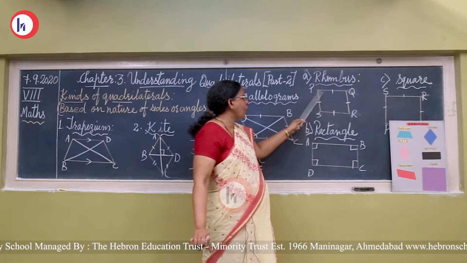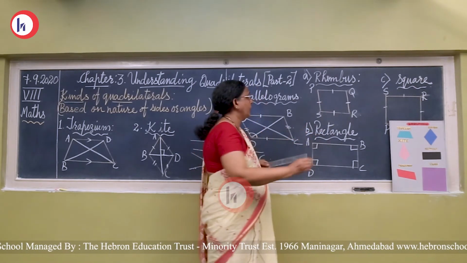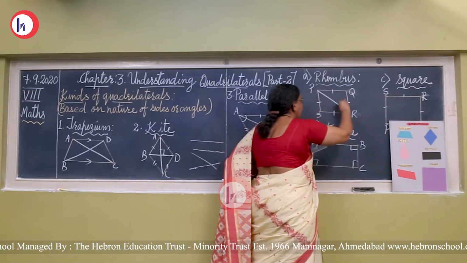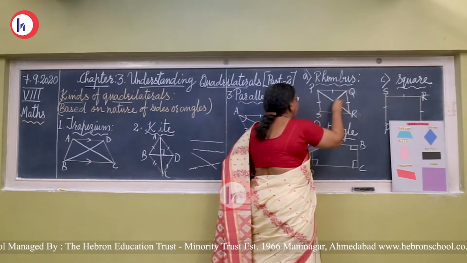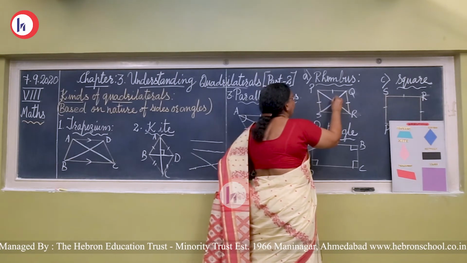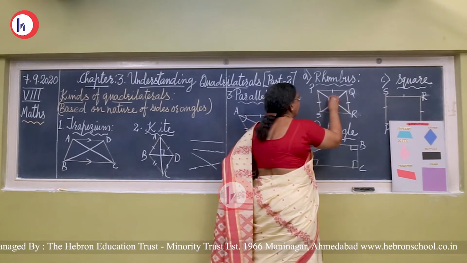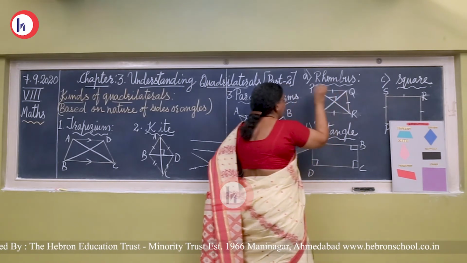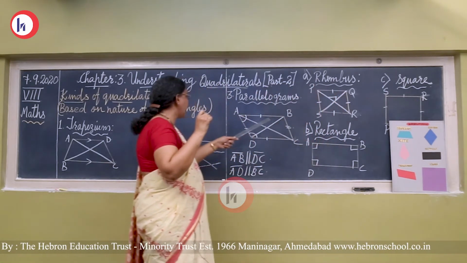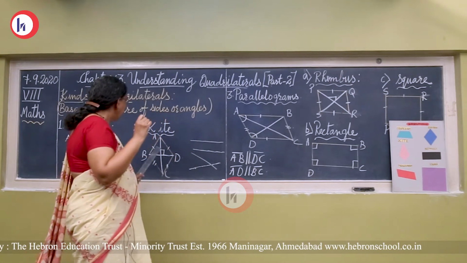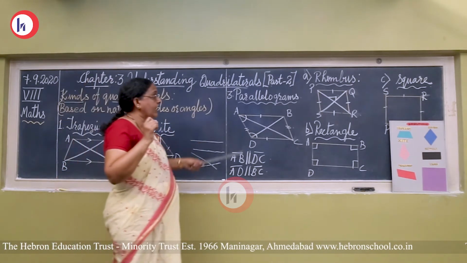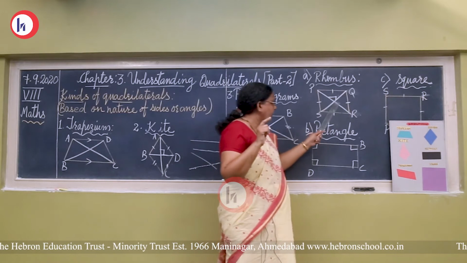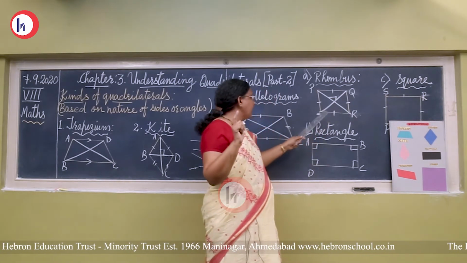Opposite angles are also equal. And in a rhombus, the diagonals bisect at a right angle. One more figure we have learned whose diagonals bisect at a right angle is the kite. In a kite and a rhombus, the diagonals bisect at a right angle, making perpendicular lines.